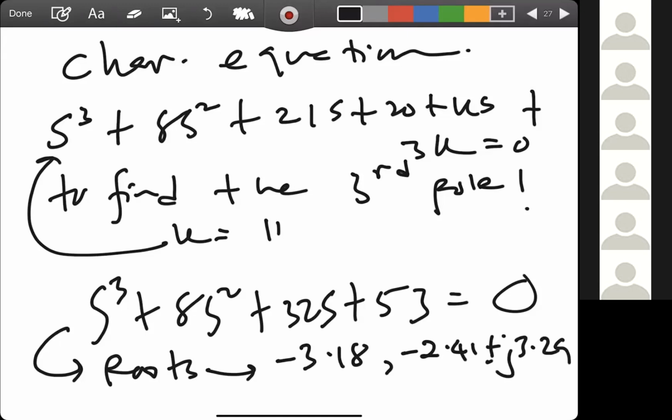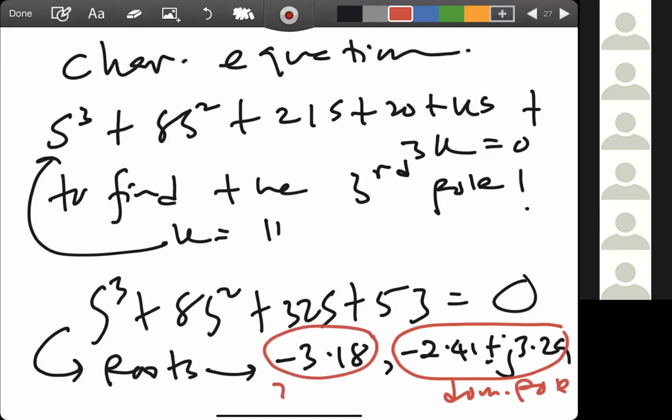Wow, so long, Sami. Okay. Yes, the same, doctor. Same, huh? Okay. This is the dominant pole. And this one is the third pole.